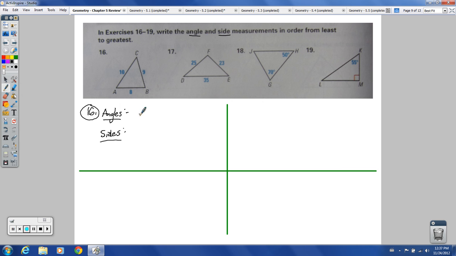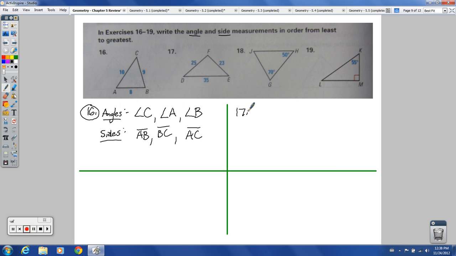So the smallest angle would be angle C, and then 9 is the next smallest side, so A would be the next smallest angle, and then finally angle B from there. And so the sides from least to greatest, the smallest side is segment AB, and then segment BC, or CB would work too, and then finally segment AC.